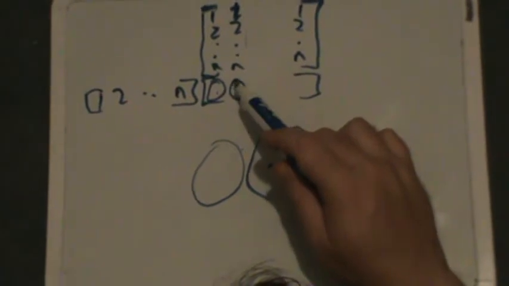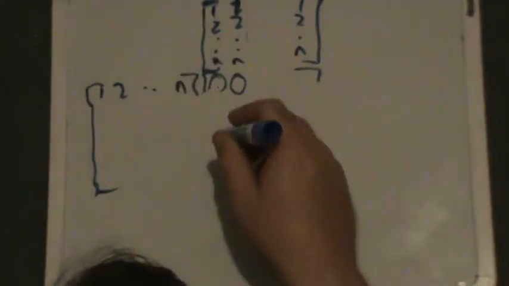So obviously I'm doing the same number of operations to get every element in here. Each one of these takes big O of n to calculate, and there are n of them. So that means it's going to take me big O of n squared to calculate a vector times a matrix in this way.